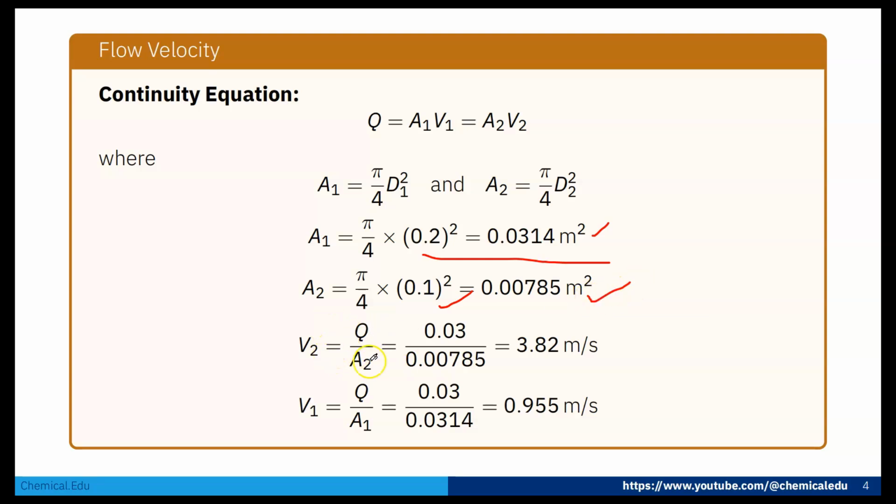Now V2 is Q by A2, so 0.03 by 0.00785, that is 3.82 meter per second, and V1 is Q by A1, 0.03 by 0.0314, so that is 0.955 meter per second. So V1 and V2 we got.